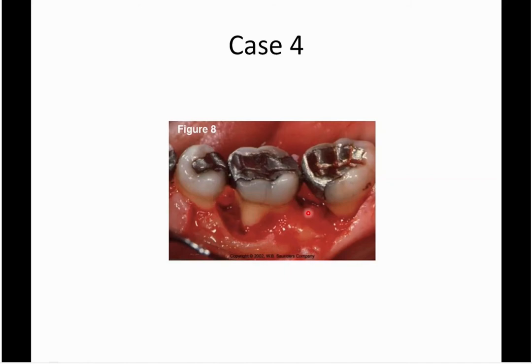There's a defect on the mesial of the second molar and a defect on the mesial of the first molar. So we always define the defect as being associated with the tooth that's at the deepest point. So it's pointing towards this and this. So at this point, we could consider regeneration here, but it doesn't seem to be very well contained.